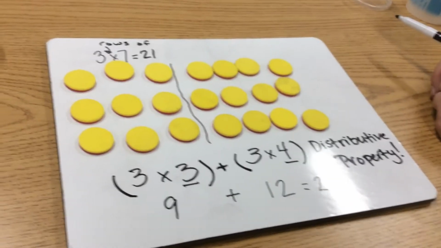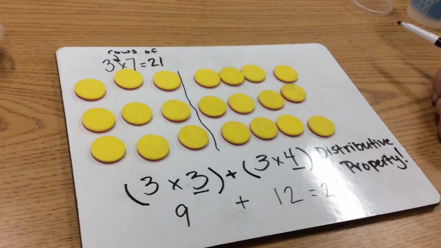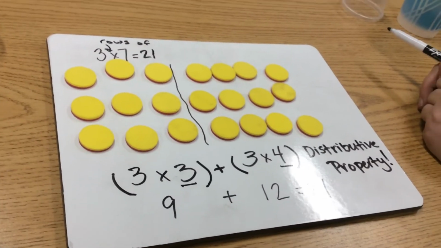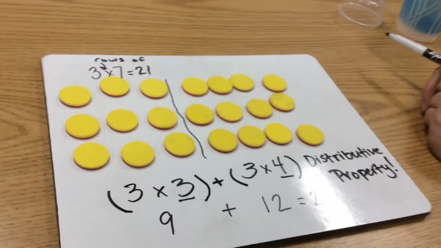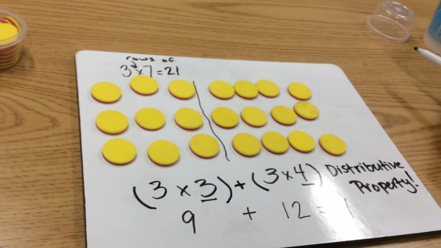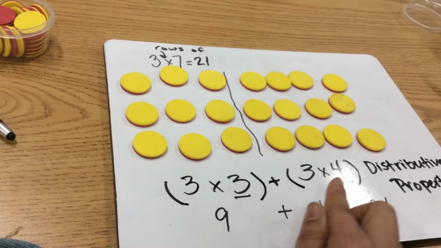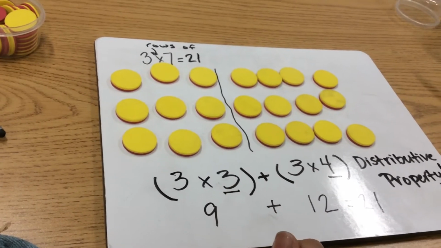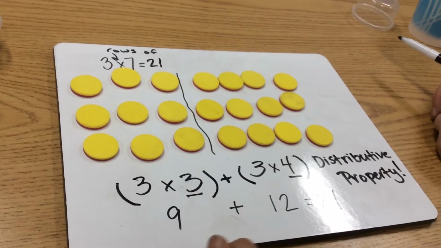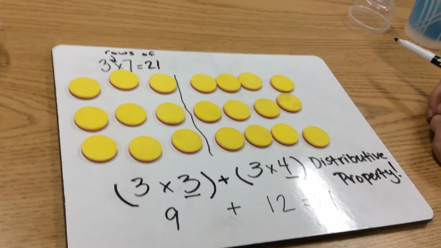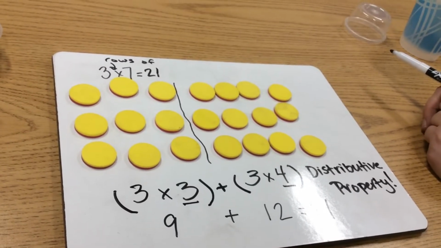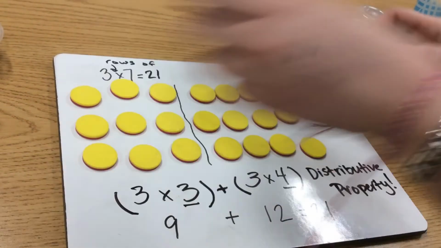The most confusing thing about the distributive property isn't so much using it, breaking our array apart and solving the problem, but it can sometimes be the notation, these parentheses and all of the different symbols and signs that we see. That's right. So maybe we should show them one where we start with the parentheses and the symbols. That'd be great. And work through that one.